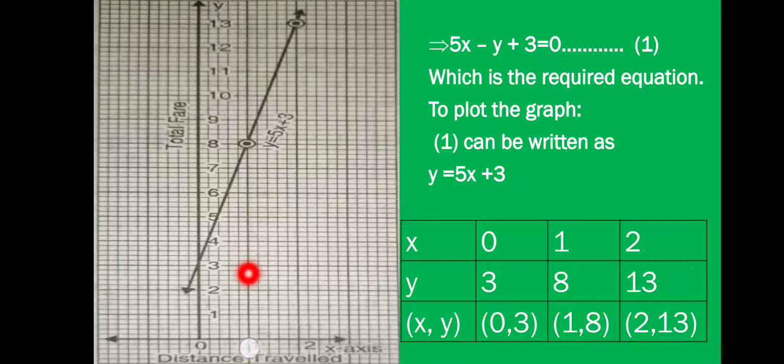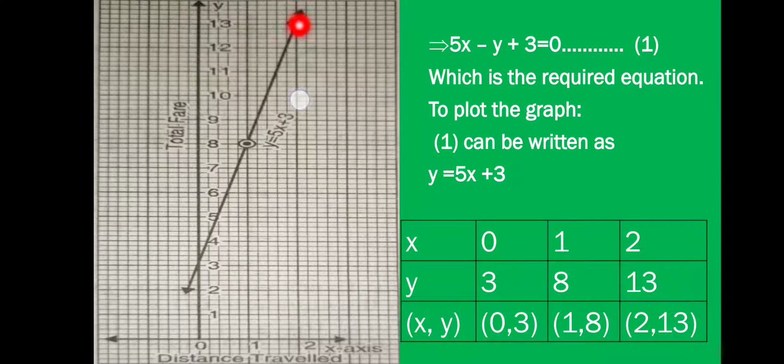Okay, along this line we will go up to the division where you have 8. Okay, this is 8, this point. So this is 1 comma 8. Next is 2. 2 is here. Along the 2 you will go above the line of the x-axis up to 13.